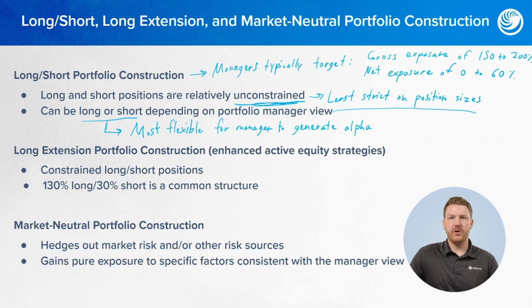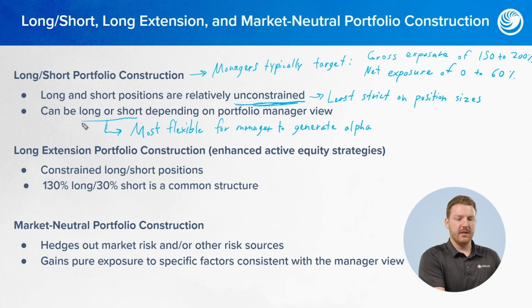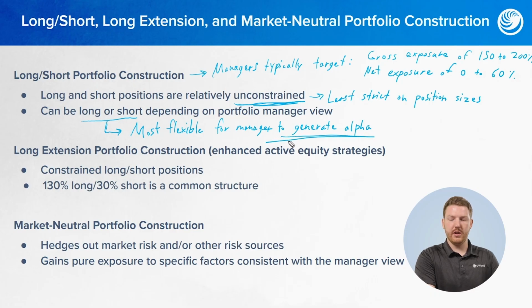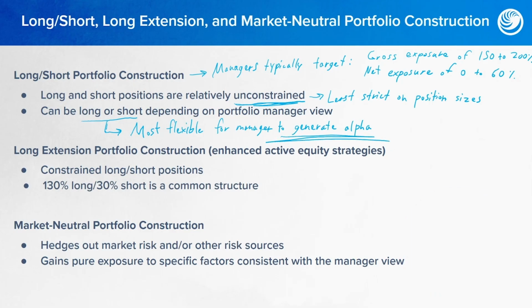Some of the other methods are not going to allow the manager to fully express their own views, where this one gives the manager the most flexibility. So it can be long or short depending on the portfolio manager's views, so very flexible, and the manager has the most flexibility in order to use their views to try to generate alpha for the portfolio.